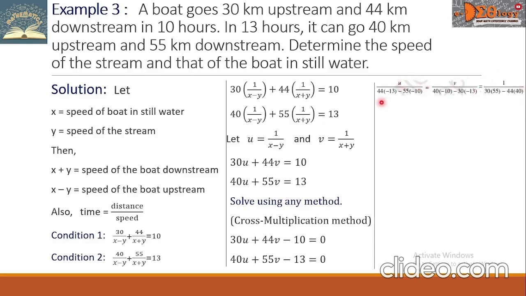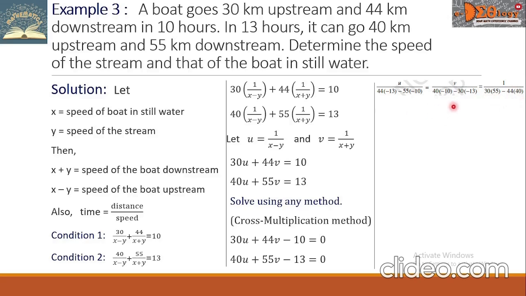u over 44 times negative 13 minus the product 55 times negative 10 equals v over 40 times negative 10 minus the product 30 times negative 13 equals 1 all over 30 times 55 minus 44 times 40.